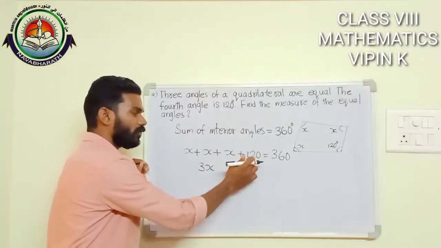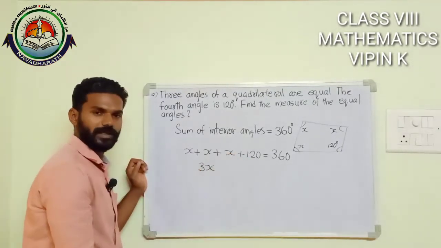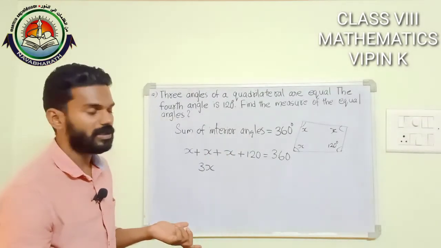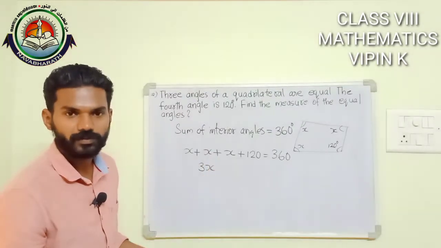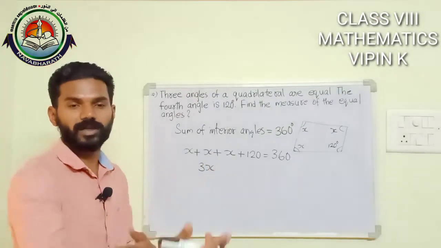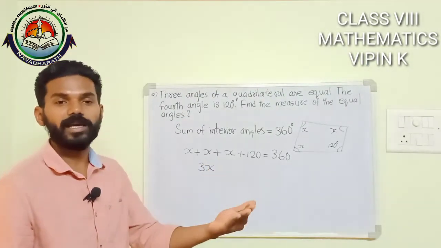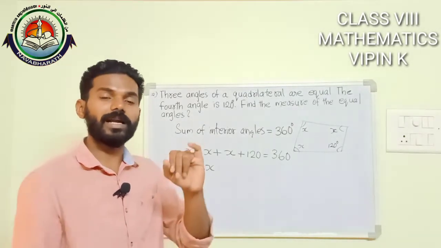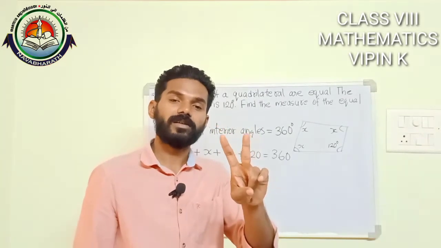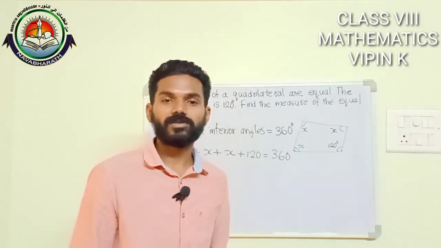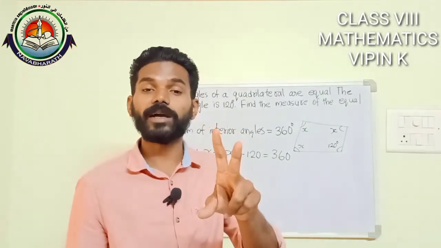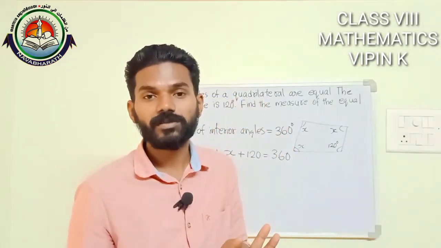Can you add this 120 directly with this x? No. Remember the case of mangoes. Let x be mangoes and 120 be some other thing. Maybe it would be a jackfruit or an orange. Clear? You can add 2 mangoes and another 3 mangoes. The answer would be 5 mangoes. But can you add 2 mangoes and 4 oranges?